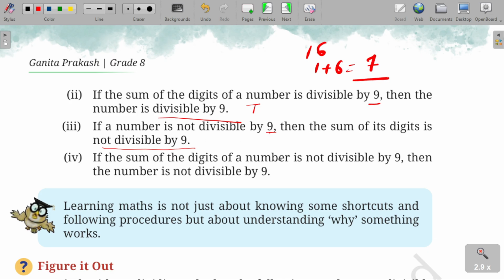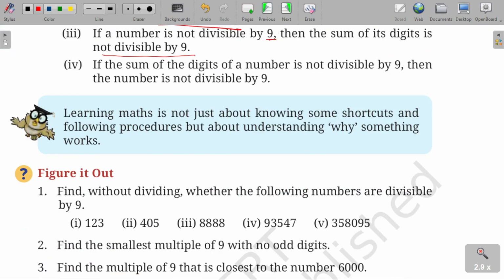And if the sum of the digits of a number is not divisible by 9, then the number is not divisible by 9. So all this leads to only one result, the divisibility rule of 9 that you already know: the sum of all the digits should be a multiple of 9.